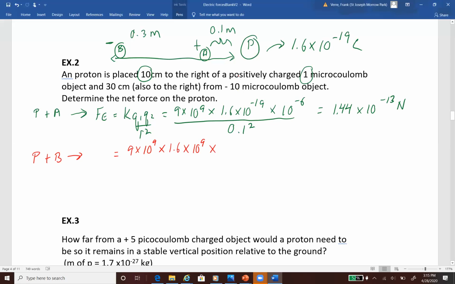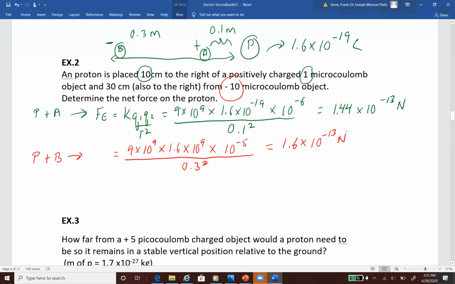Now the other is 10 microcoulombs, so 10 microcoulombs would be 10 to the minus 5, over the distance squared. The distance is 30 centimeters or 0.3 meters squared. And that will give us a force of 1.6 times 10 to the negative 13 newtons.